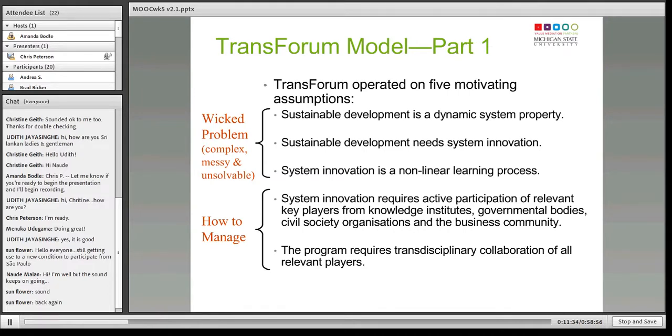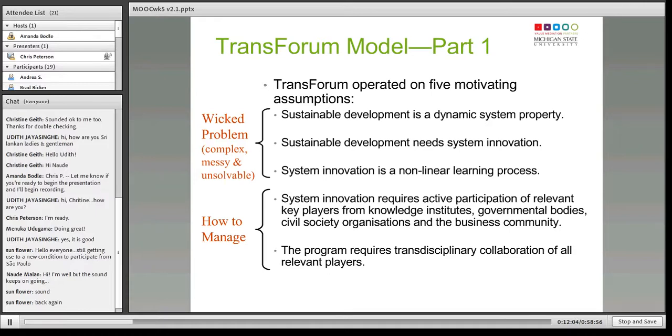But the notion is you have a very complex, messy, value-laden, and as a result, ultimately unsolvable problem. You can't talk in absolutes about this is sustainable and this isn't. We can only talk about moving more or less effectively towards the goals of sustainable development.